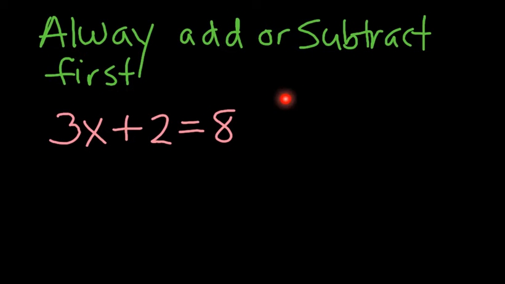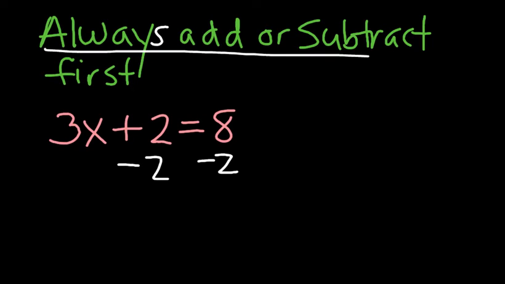You're always going to do the adding or subtracting first. When you're solving an equation, this part gets taken care of first. So the first step to solve this equation would be minus 2 minus 2. Because we want x all by itself, we want to get rid of the plain number. We're always going to add or subtract first.